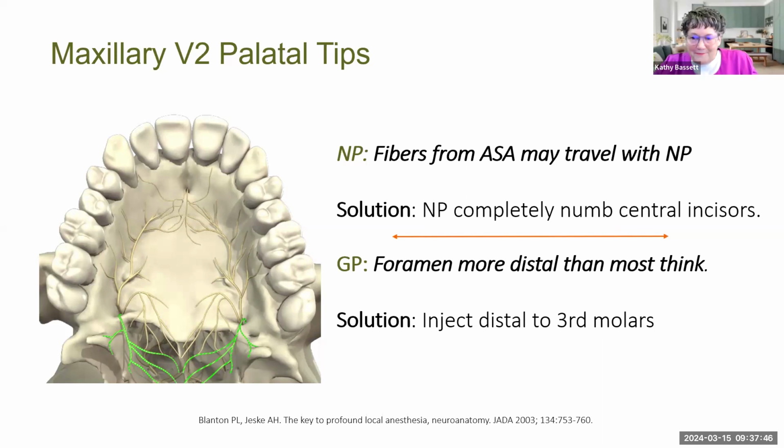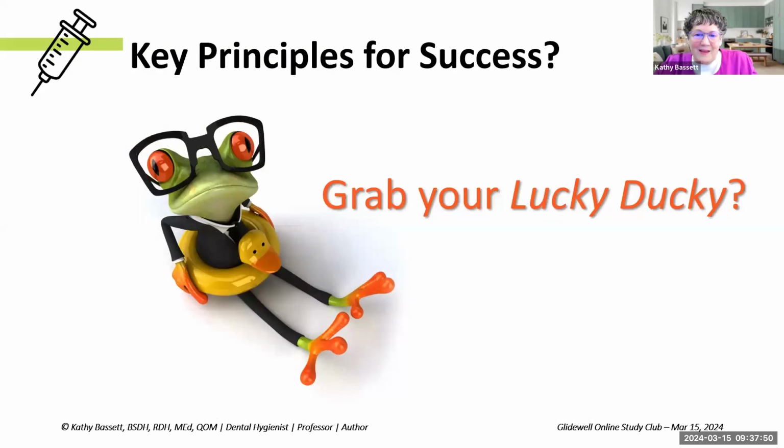So in summary, here are a few additional things to think about. This is no mystery to any of you, but sometimes it feels like luck is the key principle for successful anesthesia. You walk into the operatory, grab your lucky ducky, and say, okay, we're going to make this work. That's probably what we feel like a lot of the time, particularly with that patient where every time is just a challenge.